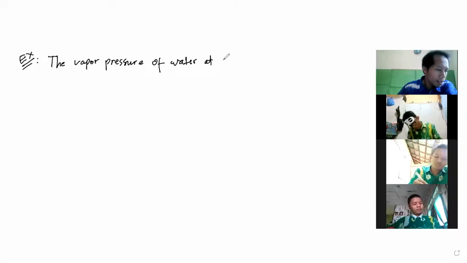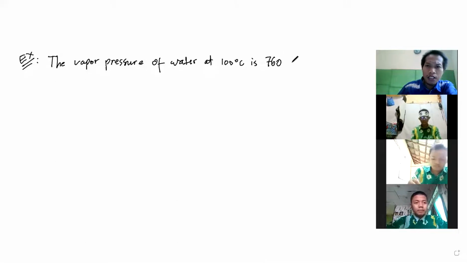The question is: the vapor pressure of water at 100 degrees Celsius is 760 millimeter mercury.